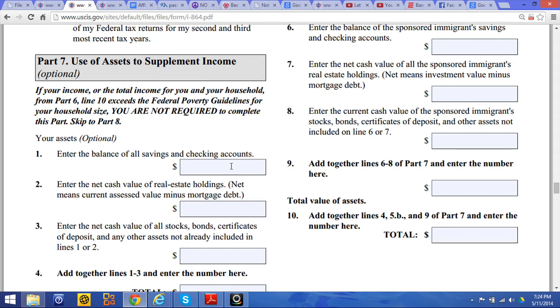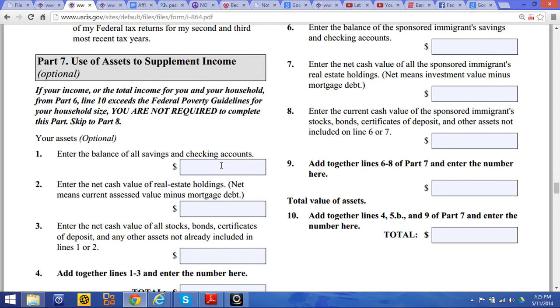That's why if you are using the asset of a member in your household size, this person has to fill out the form I-864A.